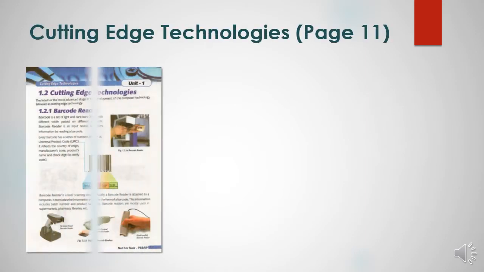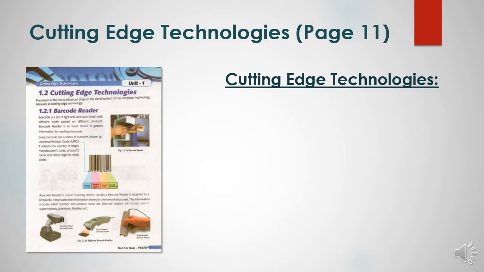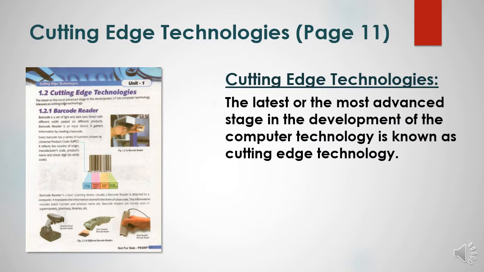Open page number 11 of your book, Cutting Edge Technologies. The definition of cutting edge technology is the latest or the most advanced stage in the development of the computer technology is known as cutting edge technology.